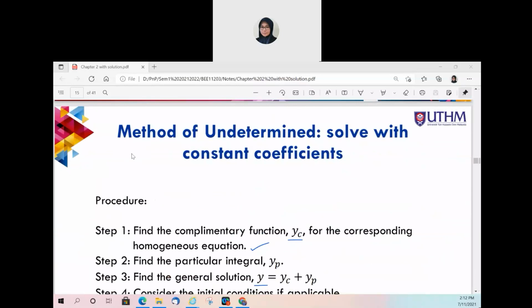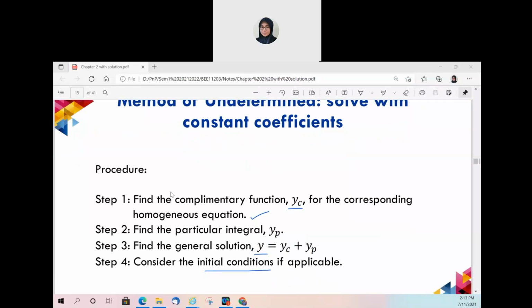For non-homogeneous equations, the first method we learned last week is the method of undetermined coefficients, which means you solve with constant coefficients, and it has 4 procedures. The first step is you have to find the complementary function yc.